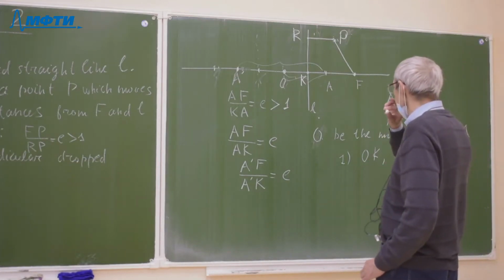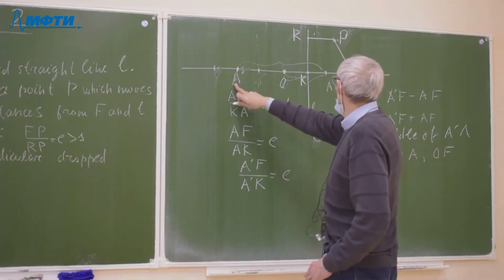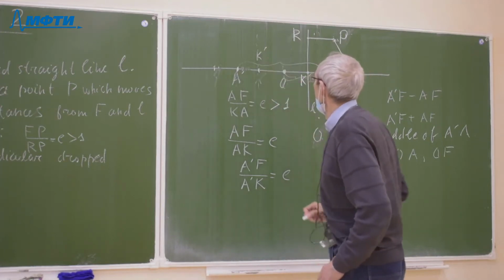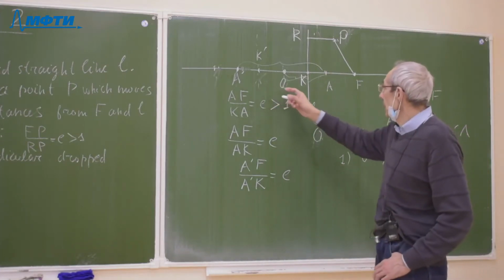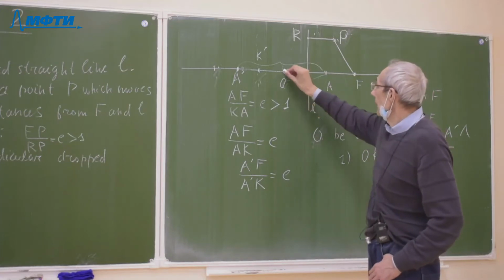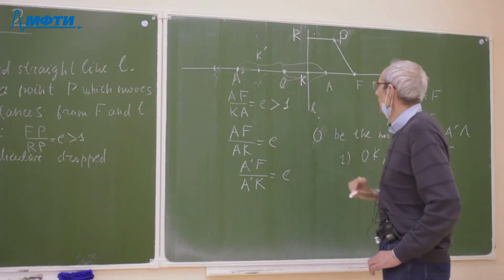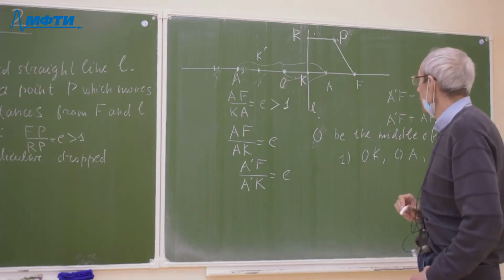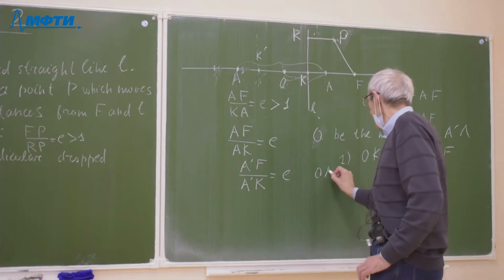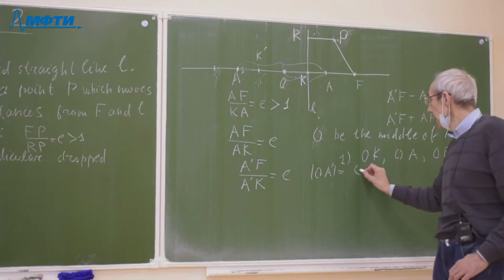First of all, it is easy to see that we also have the point K symmetric with respect to our fixed point O, the middle of the segment A prime A. So the distance OA prime is equal to OA.